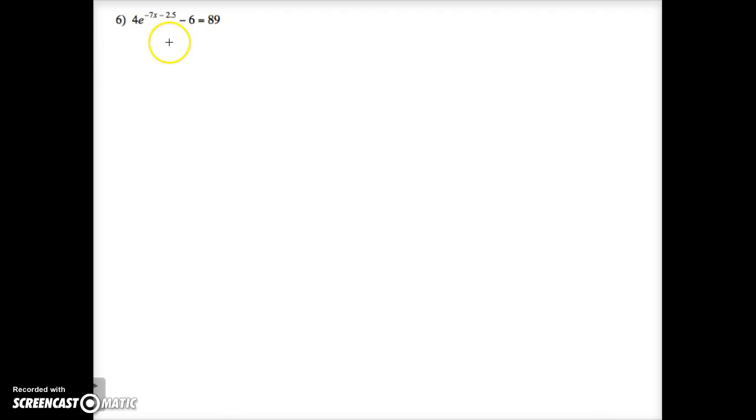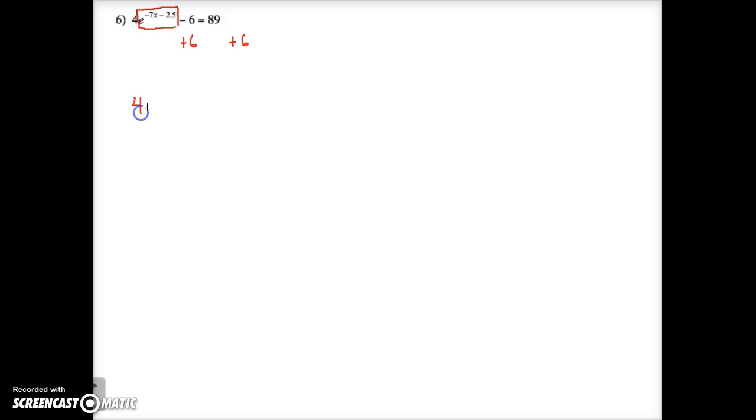This next expression follows the same procedures, but first we have to isolate the exponential itself. So first we need to get this piece all by itself before we start taking logarithms of both sides. So the first thing I'm going to do is add 6 to both sides.